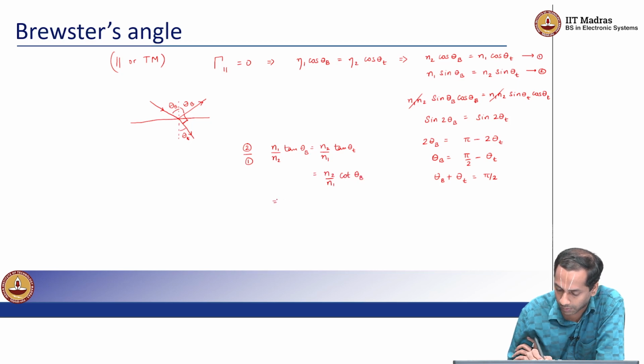So this implies tan squared theta b is n2 by n1 whole square, or theta b is tan inverse n2 by n1.